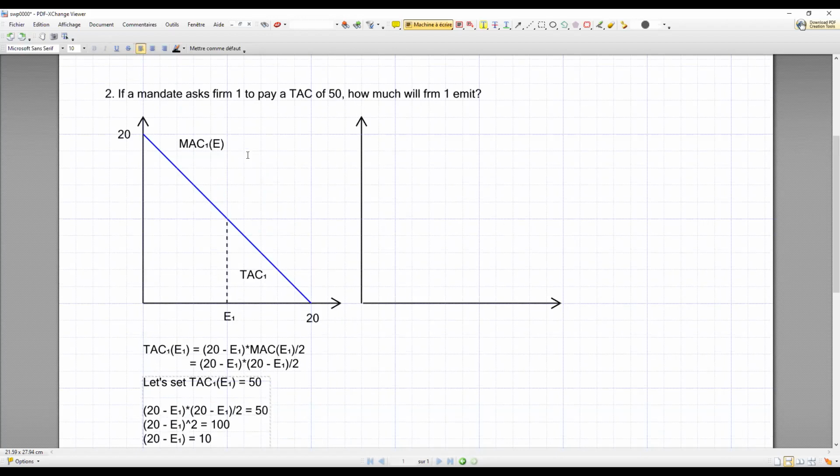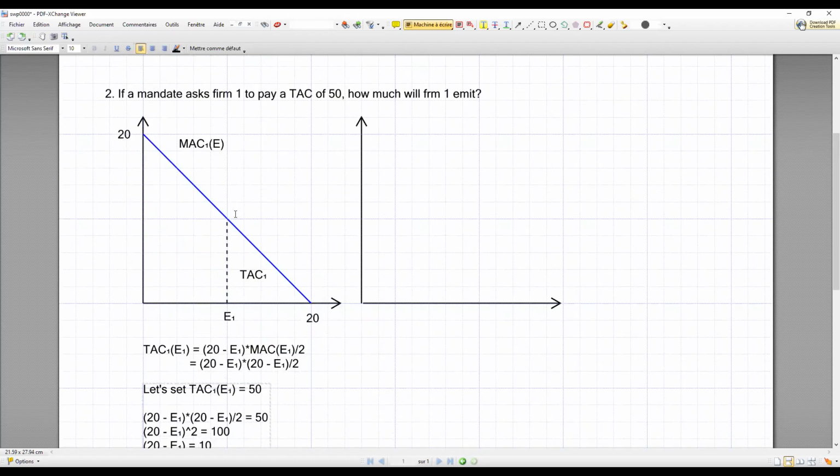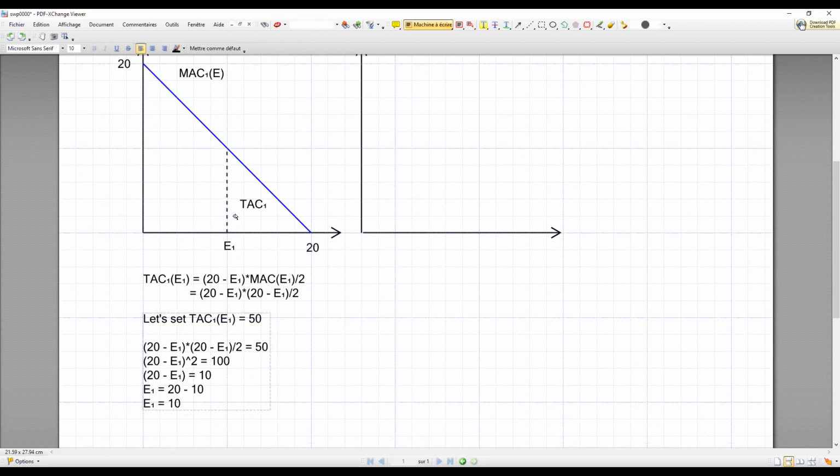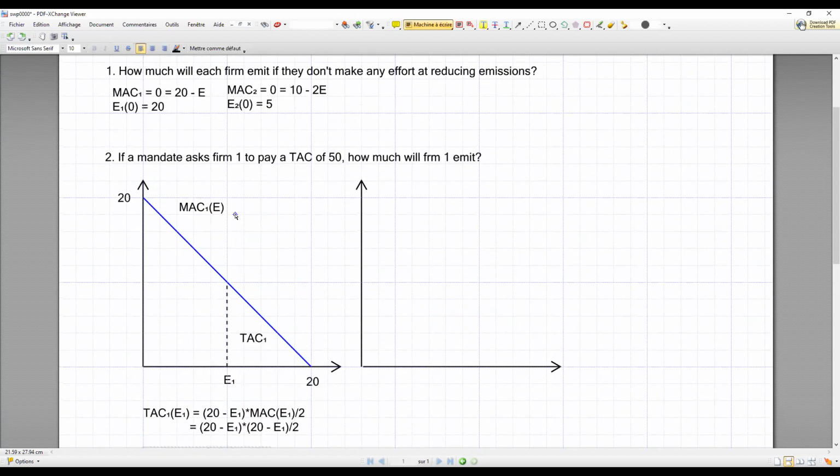And of course, this is a sort of artificial question, because what government would say, oh, I force you to have a total abatement cost of 50? No one would say that, but yeah, just to work your skills a bit.